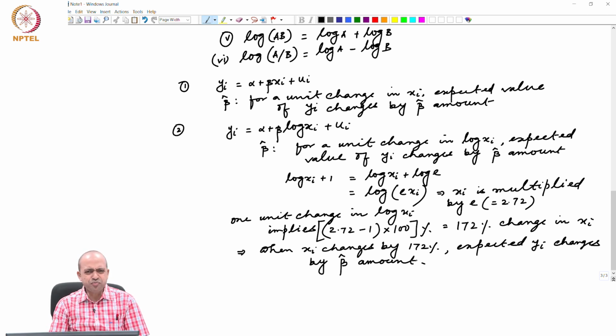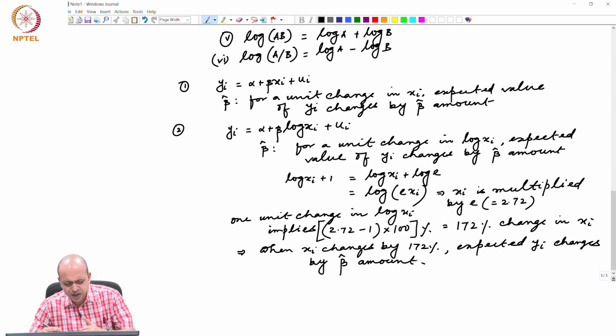But this is also difficult to understand, because a 172 percentage change in xi is not comfortable for us. Rather, we want some smaller percentage change in xi.